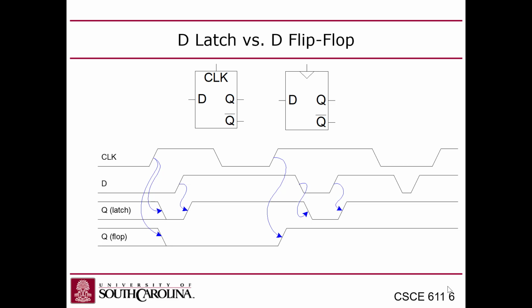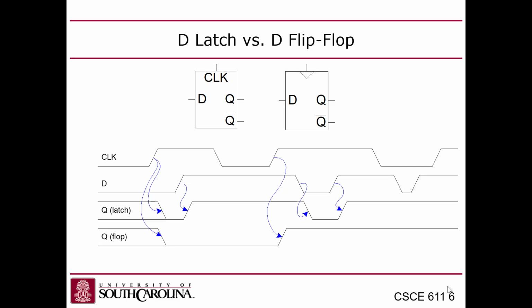So that's the memory portion of this. Whenever the clock is low, the latch will maintain whatever its previous state was, which was whatever the value of D was the last time the clock was asserted. You guys with me? Make sense? Okay.